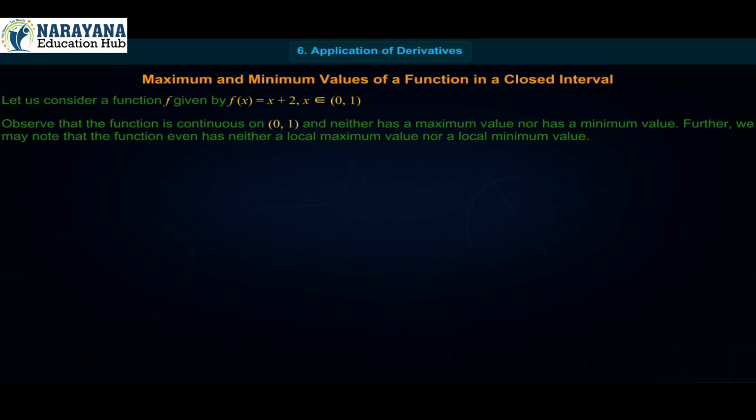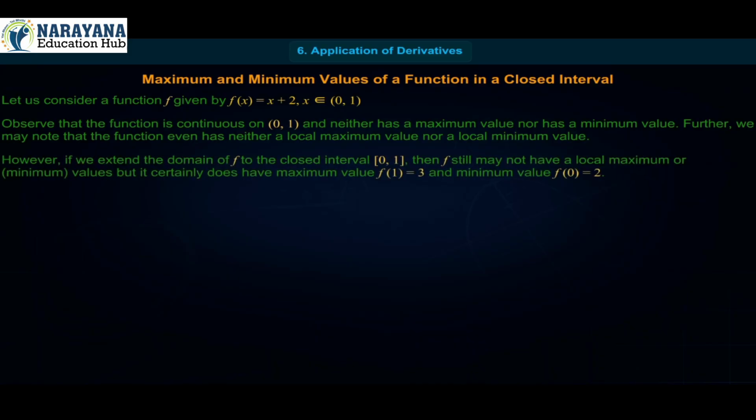Further, we may note that the function has neither a local maximum value nor a local minimum value. However, if we extend the domain of f to the closed interval 0, 1, then f still may not have a local maximum or minimum value, but it certainly does have maximum value f of 1 is equal to 3 and minimum value f of 0 is equal to 2.